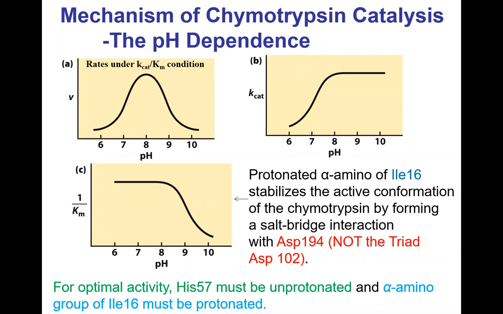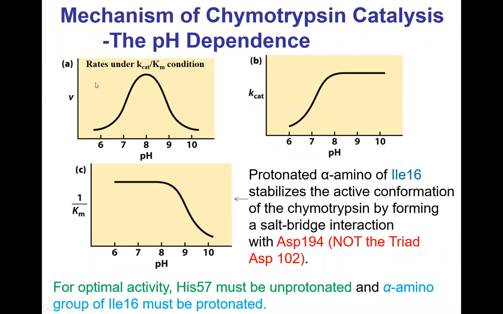What is Vmax condition, or kcat condition alone? Vmax condition is when you choose the substrate concentration much higher than the Km value. So if the Km value is 10 micromolar, and you choose to do the reaction at 100 micromolar of substrate, that means you are operating under Vmax condition, where the rates don't change with substrate.